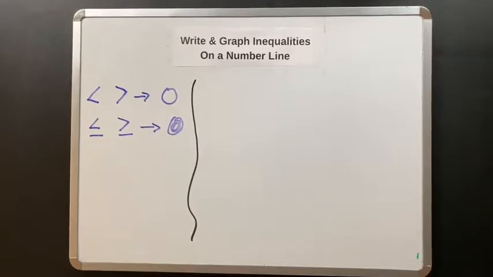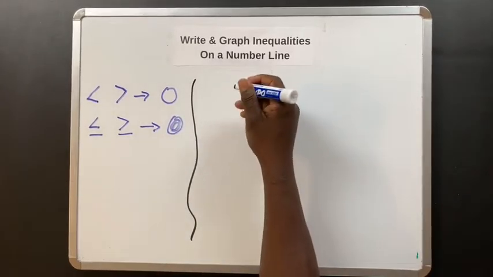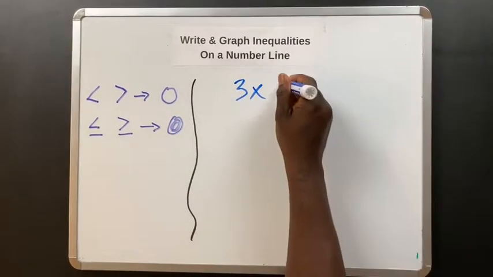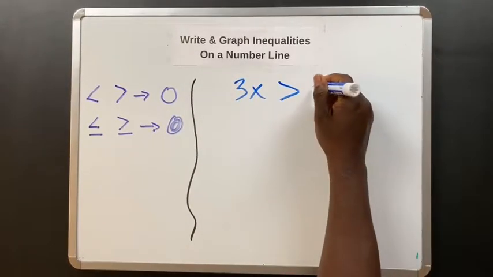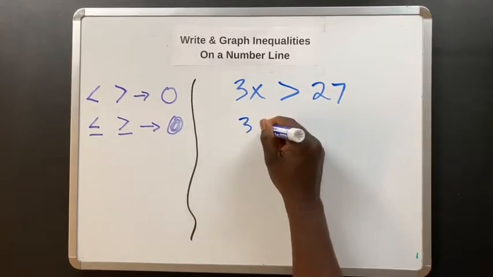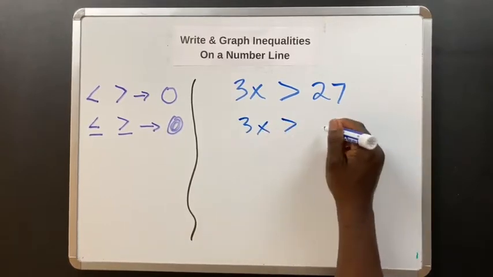So let's say you're given an inequality that says 3 times x is greater than 27, and we need to solve that inequality and then graph it. Let's write it again: 3 times x is greater than 27.